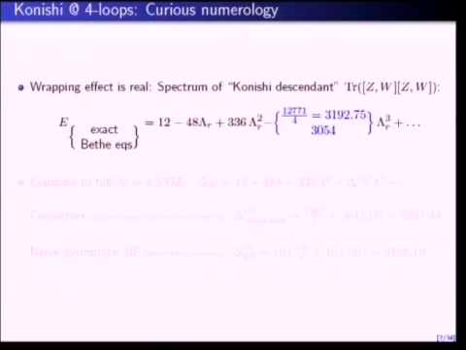So this is the sector which arises from compactifying the 6 scalars of the N=4 super Yang-Mills, and then the usual Z and W complex combinations. So here you see the result for the 4 loop scaling dimension. Well, in this case, it would be the energy shift which you get by naively applying the Bethe equations, and this is the real work, the true value which you get when you really compute this shift.